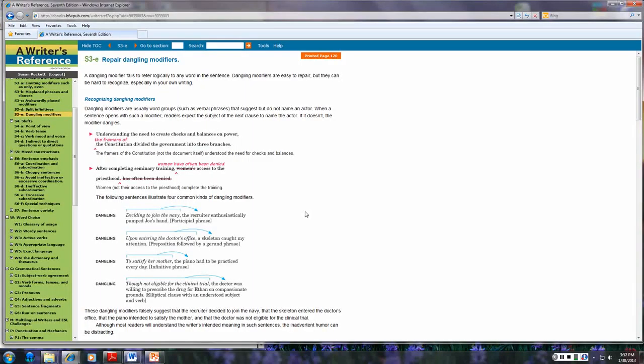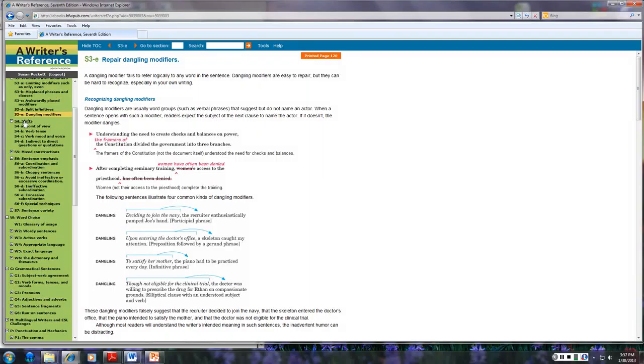Deciding to join the Navy, it was not the recruiter who was deciding. To satisfy her mother, it was not the piano making the decision to satisfy or not. So they're called dangling modifiers. That means that we've left them out there and they're not modifying what they should because of the sentence construction. We simply need to revise the sentence.